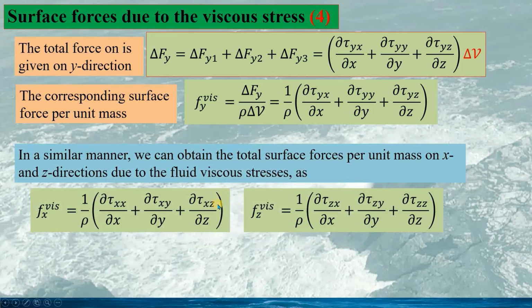Similarly, we can obtain the total force per unit mass in the x and z directions due to the fluid viscous stresses, with fx given as this. So here we can see the first subscript for the stress tensor component would be x, and the force in the z direction would be given as this, and the first subscript for the stress tensor component would be z.